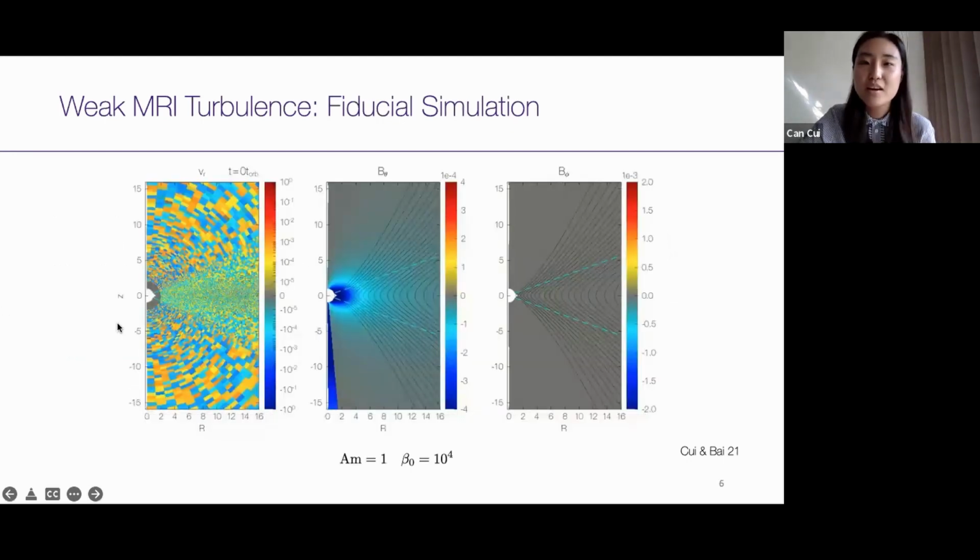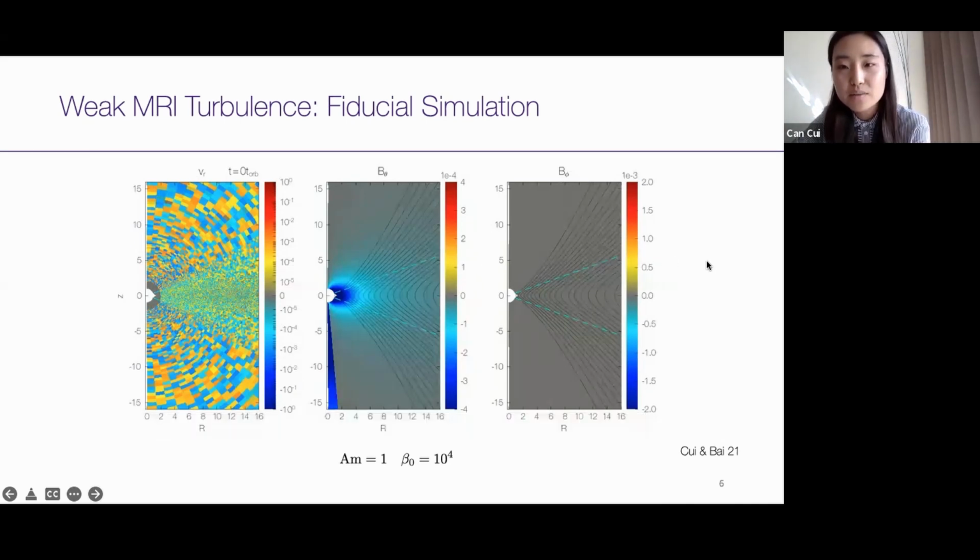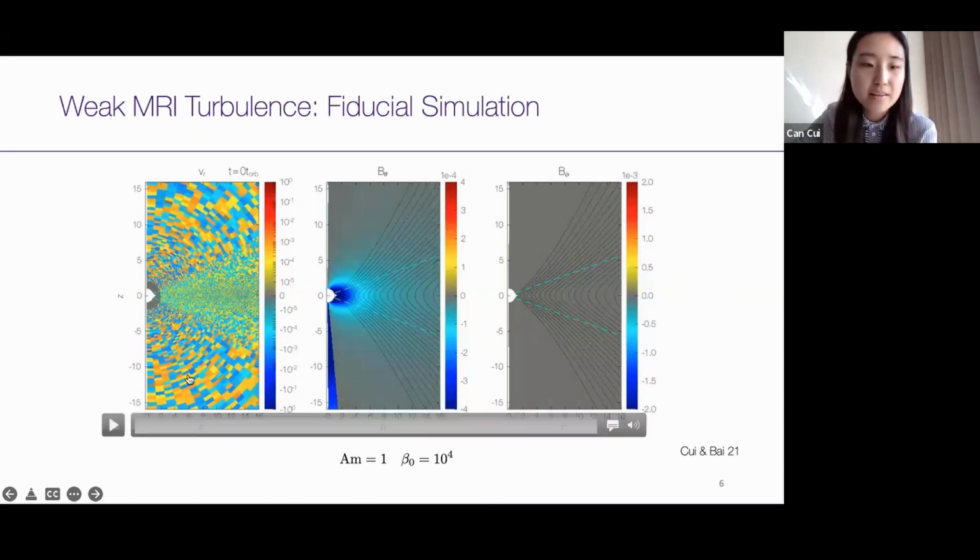I'm going to show a movie of our fiducial simulation. On the left panel is the radial velocity. The middle panel is B theta, the meridional magnetic field, which you can consider as just the vertical magnetic field at the midplane, and also the azimuthal magnetic field B phi.